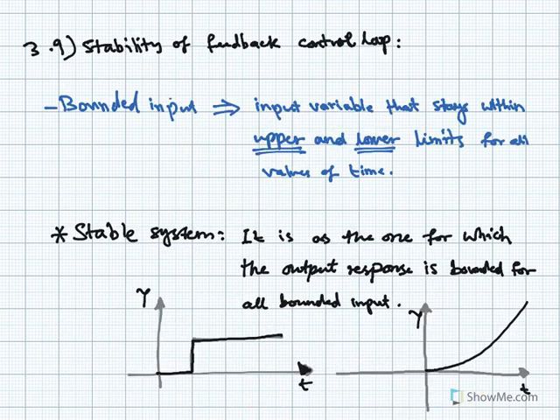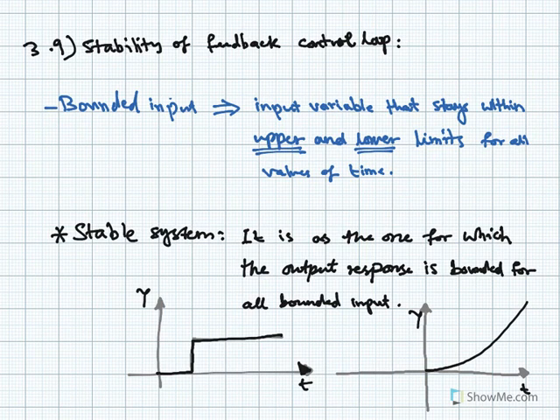so normally we have some derivative mode in the controller in order to speed up these kinds of changes. One of the most important characteristics of the feedback control system is stability. What do we mean by a stable system? A stable system is when the output response is bounded for all bounded input signals.